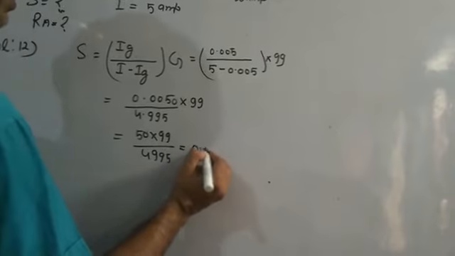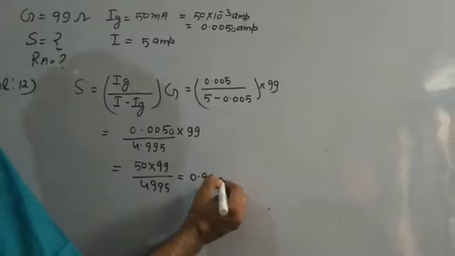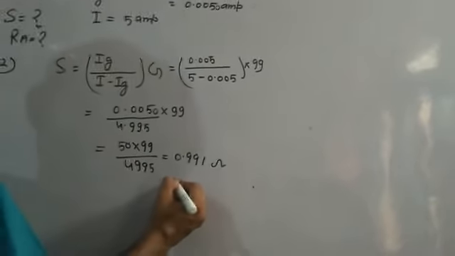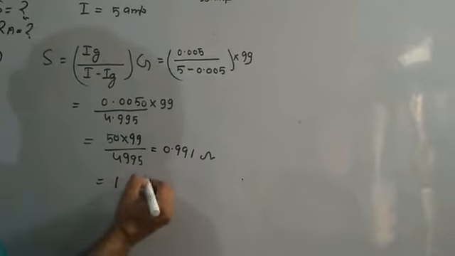We get 0.99 ohm, that is approximately 1 ohm.